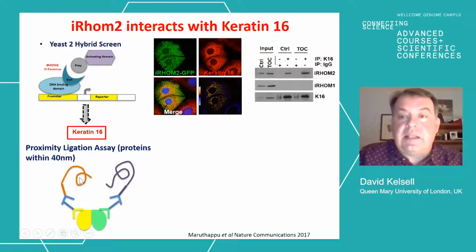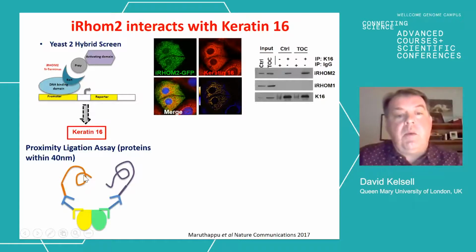At the end of these antibodies, there's a DNA tail, an oligonucleotide sequence. And if these two proteins or antibodies are close together, these oligonucleotide sequences ligate to each other, and you add DNA polymerase, and then you get this rolling circle amplification.